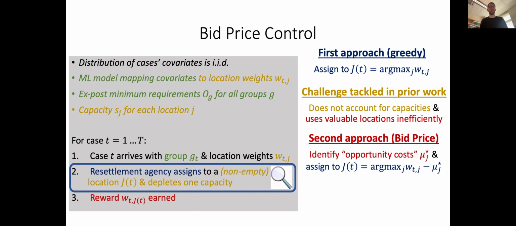Existing work has used what has been referred to in the revenue management literature as bid prices. In approximation algorithms, we would just call them dual values, or in linear programming, in order to identify the opportunity cost of a particular location. And then rather than assigning to the location that has the highest employment probability, we normalize the employment probability at each location with this opportunity cost.